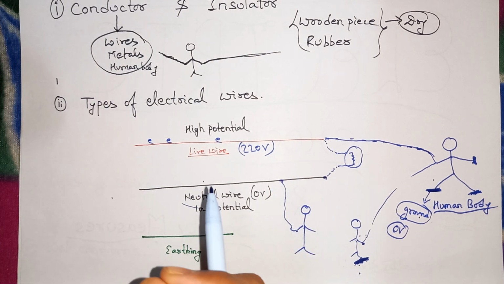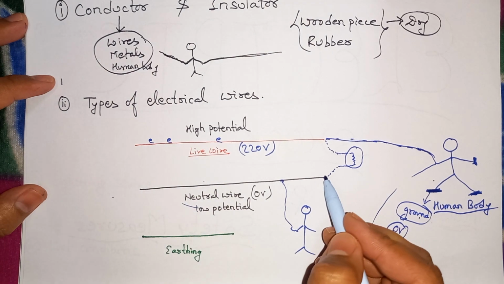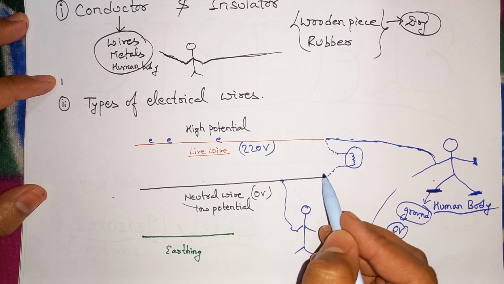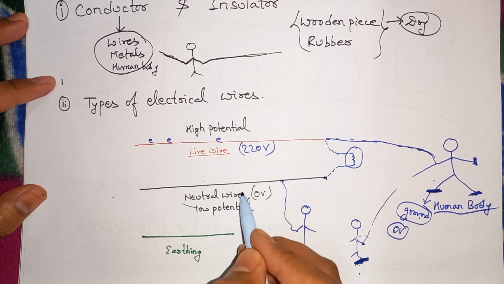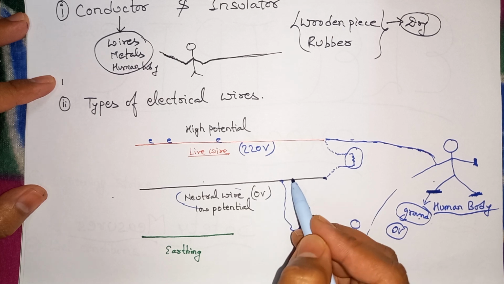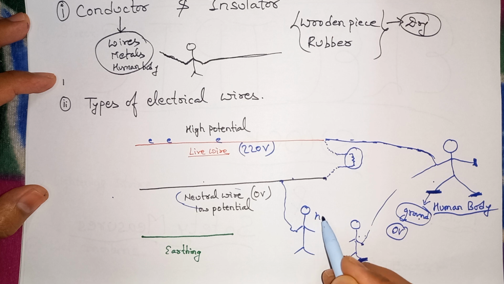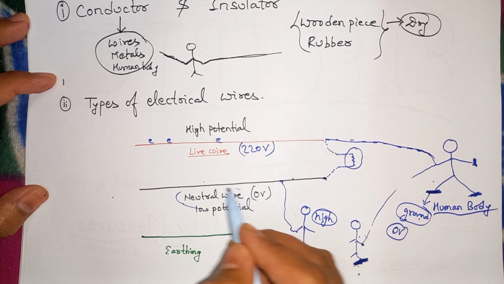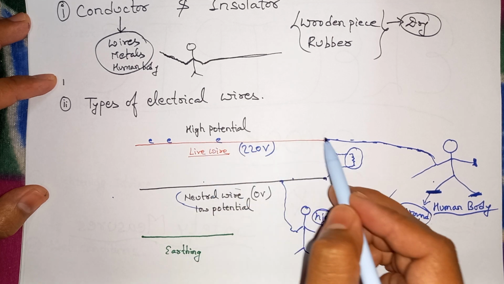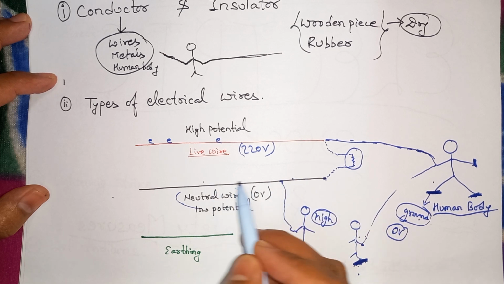Resistance means the property to stop the flowing of current. 0 volt means very, very low resistance to stop this electric current, but the human body has a high resistance in comparison to this wire. So as a result, electric current always goes to the path where the electrical resistance is very low.